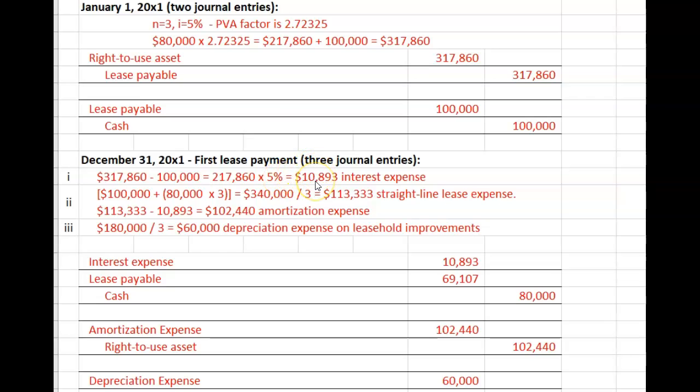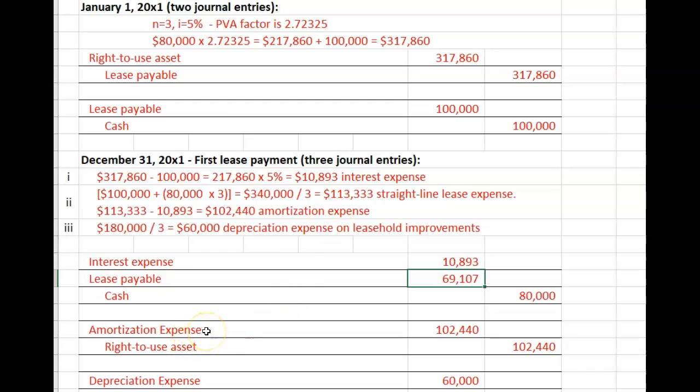So the first year's interest expense is $10,893, debit interest expense. We need to credit cash for the $80,000 check we write a check for $80,000 at the end of each year in this lease. And the difference is a debit to lease payable. That's the principal that's paid on that lease liability.